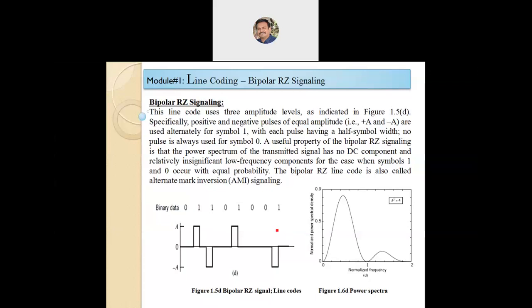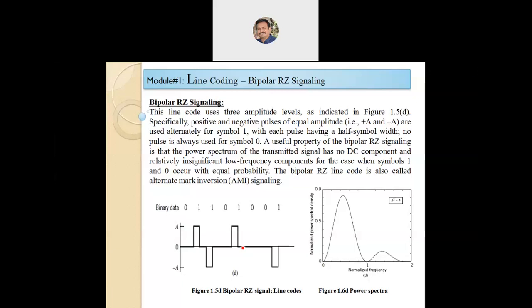In this bipolar return to zero signaling, three amplitude levels are used, as shown in figure 1.5d. The positive and negative pulses of equal amplitudes, that is plus A and minus A, are used alternately for symbol 1, with each pulse having a half symbol width.